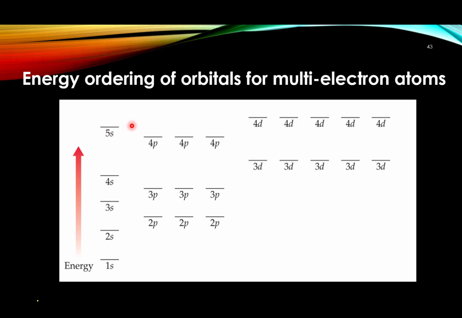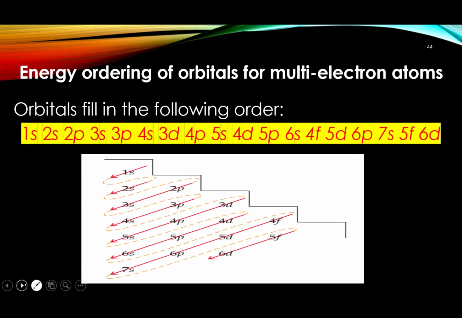Okay. Then if I go to the next slide, this is the order in which we fill the orbitals, which you have to memorize. There is no other way of doing it. That has to be memorized, and that's in the order of energy level. You see, after 3d, we don't go to 5s or 4s. Then we go to 4p.